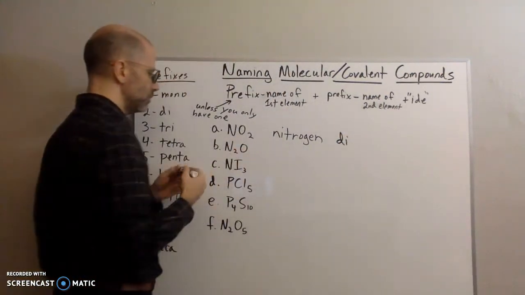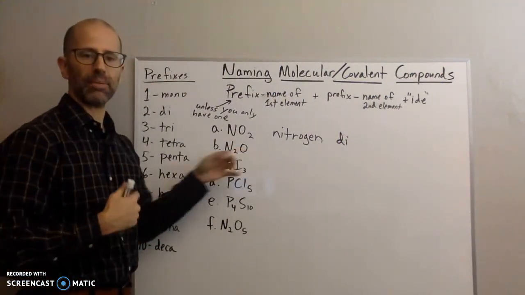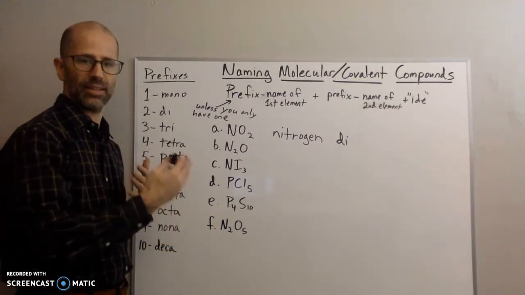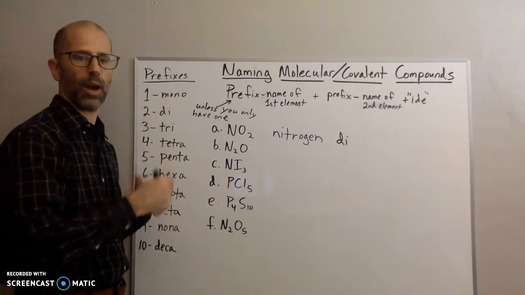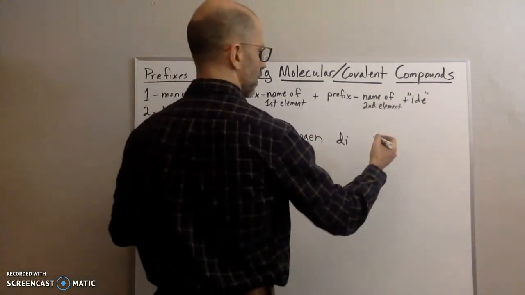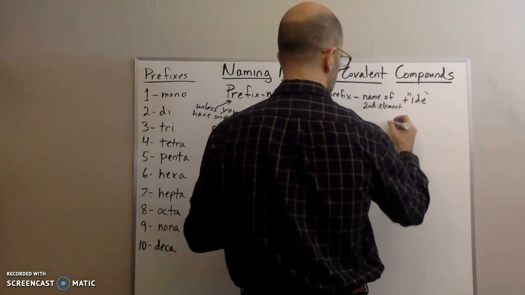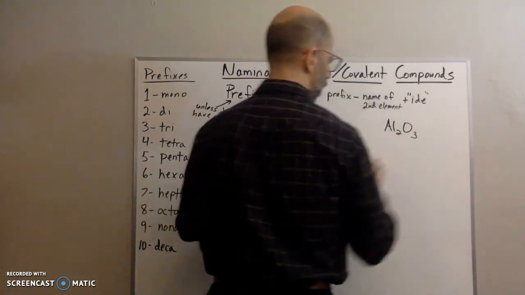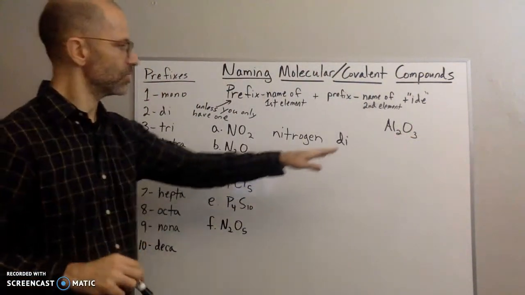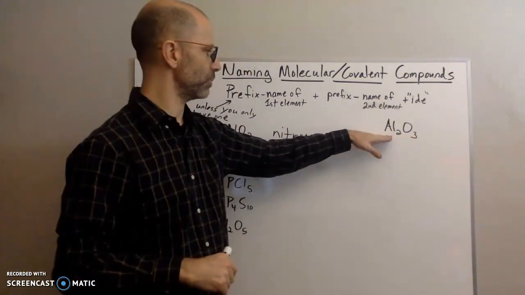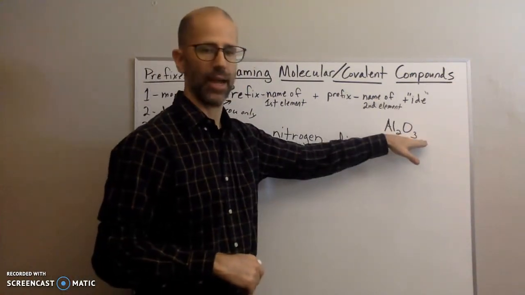And then the second element, I'm going to name it just like I would an ion. So in our binary ionic compound, for example, if I had aluminum oxide, I named the aluminum ion, the oxide ion, and put them together: aluminum oxide.